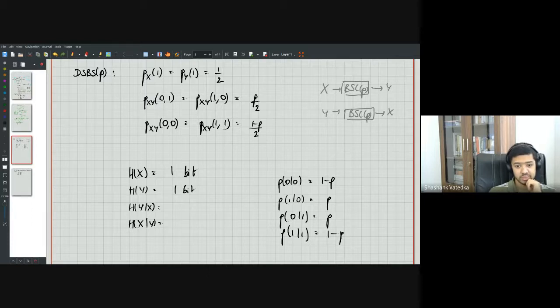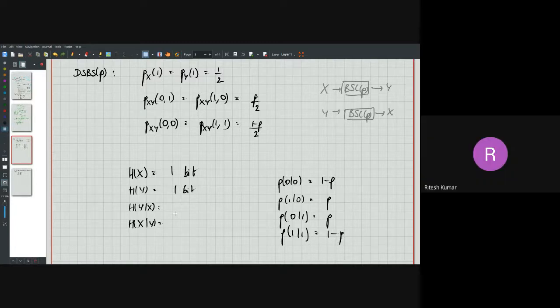Yes. So it's not that hard to calculate, right? But 2 times H2(p). Sorry? 2 times H2(p).